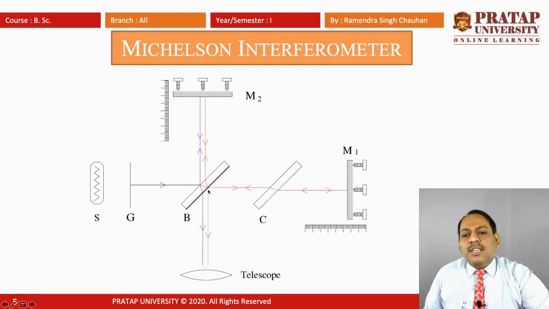So we can say these are two coherent waves because they are split from one original light beam, and when these coherent waves get overlapped while going to the telescope, the pattern which is formed because of this overlapping or superposition of two coherent waves is the interference pattern, and that pattern can be seen in the telescope, and what fringes we will see, that we will see later on.